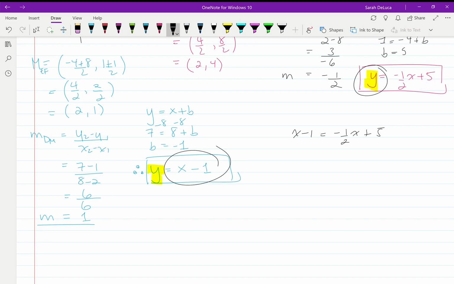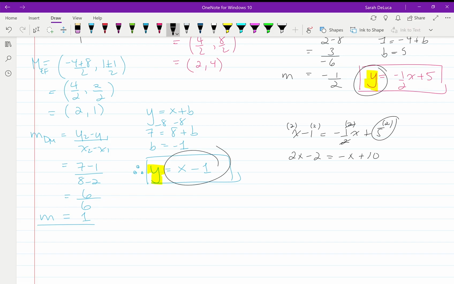I've got a fraction and I don't like fractions. I want to save some time, so to get rid of that denominator of 2, I'm going to multiply every term by 2. This leaves me with 2x minus 2, and that cancels to leave me with negative x plus 5 times 2, which is 10.